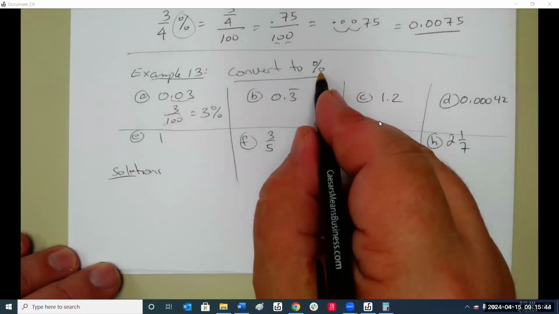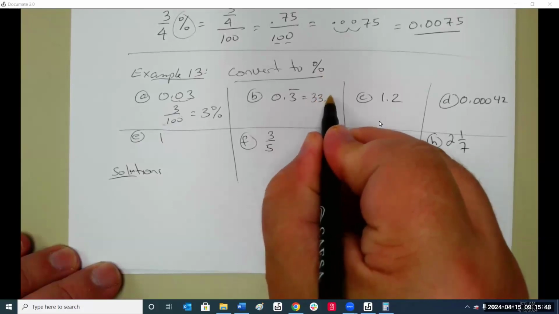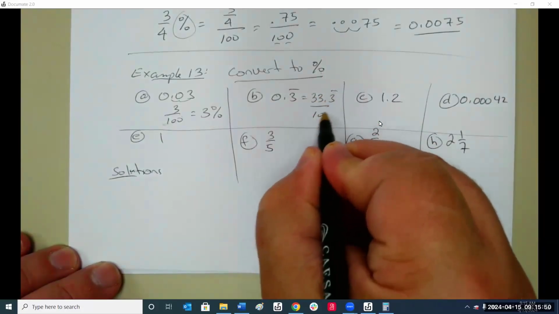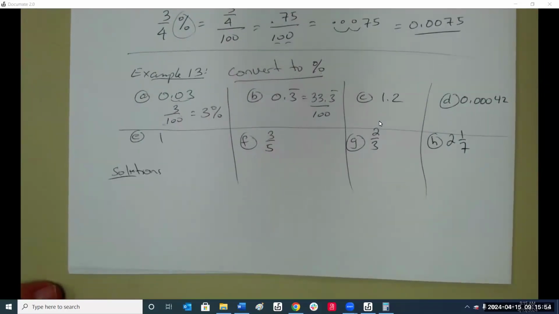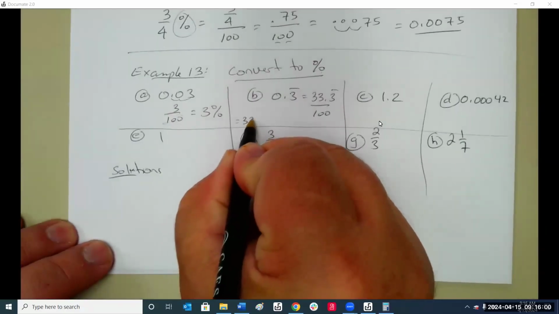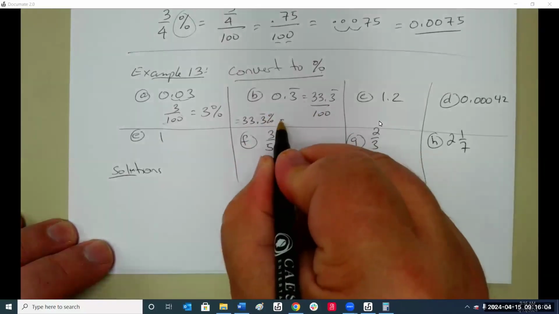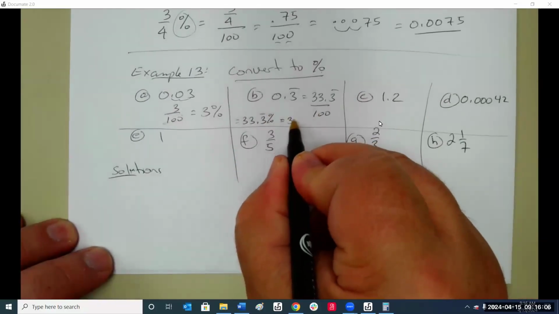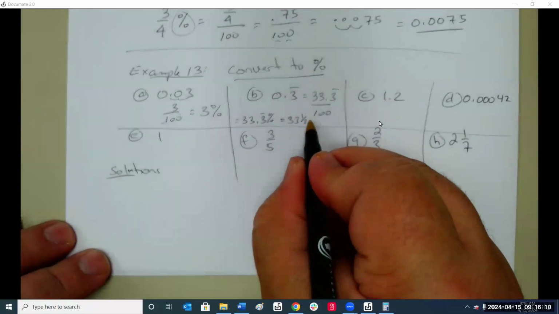So it has to be percent, so you have to have 100 on the bottom, which makes it 33.3/100. So it's 33.3 bar percent, which is 33 1/3%.